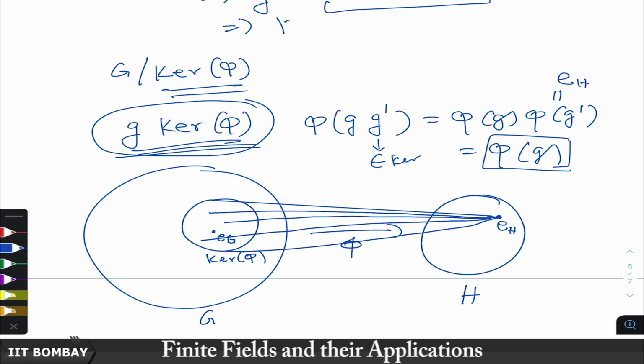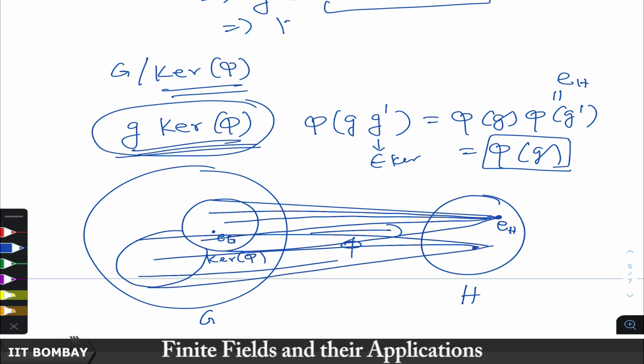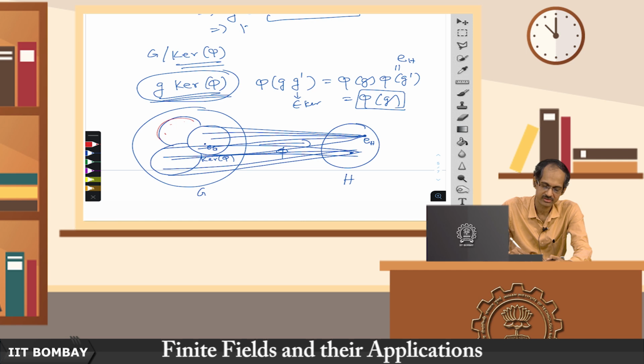Take any coset of it, and that whole coset goes to another single element here. So, coset-wise there is a collapse of this whole coset into a single element.